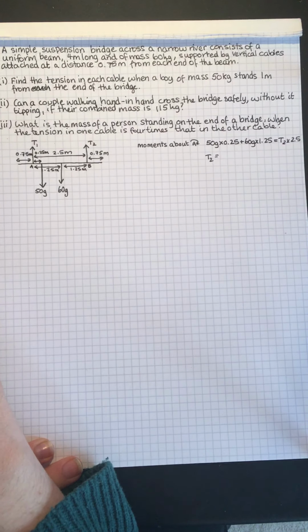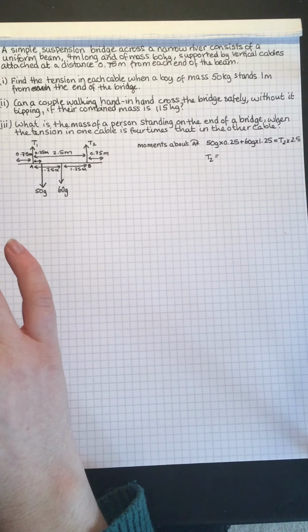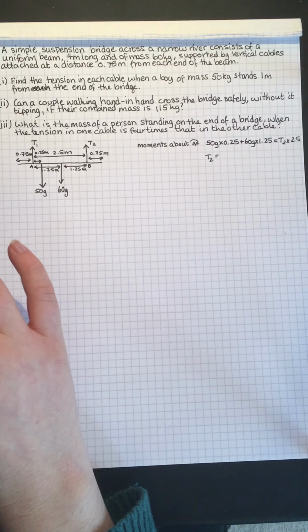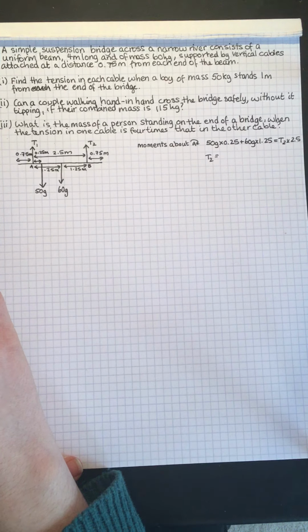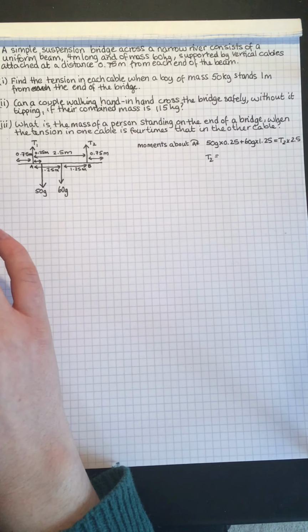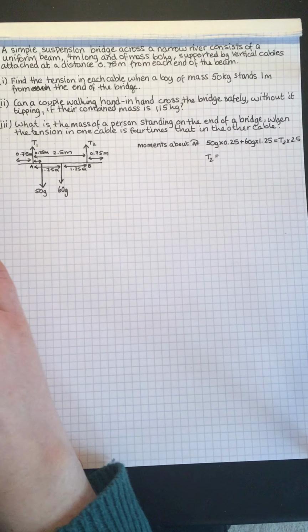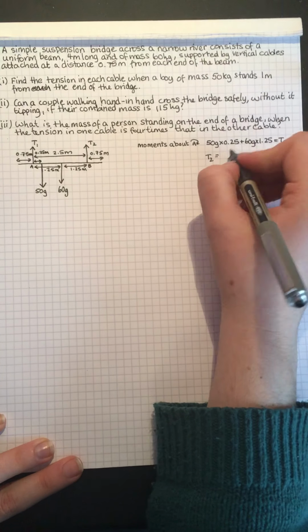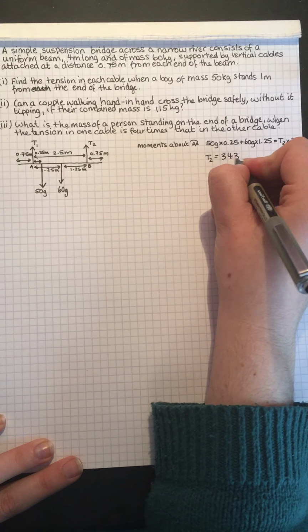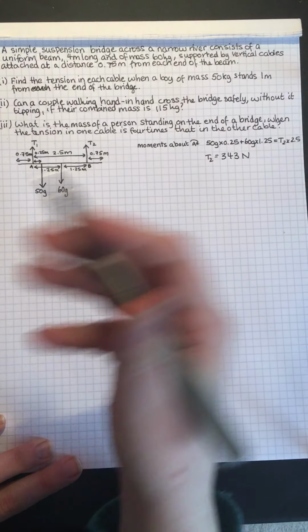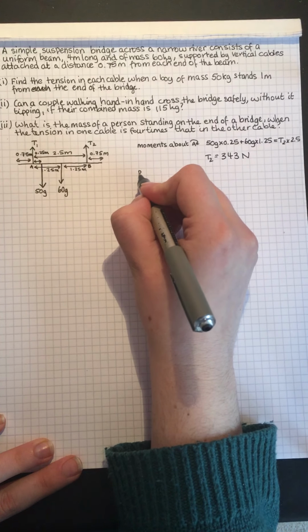Okay, let me just do that again. 50 times 9.8 times 0.25 plus 60 times 9.8 times 1.25 divided by 2.5. Okay, 343 newtons is T2.